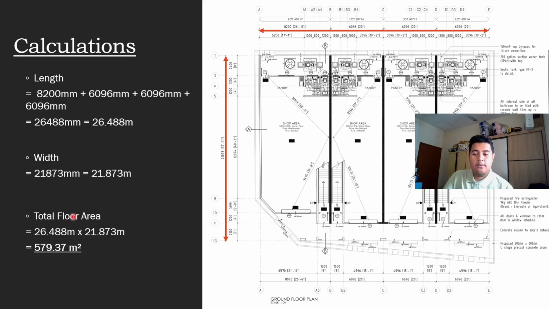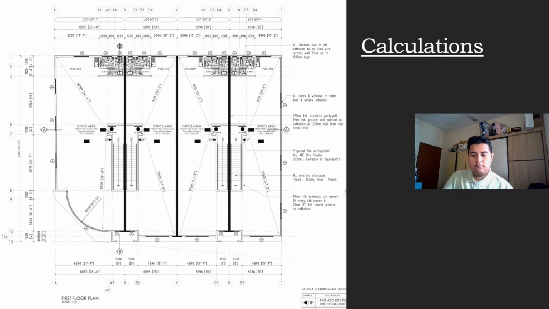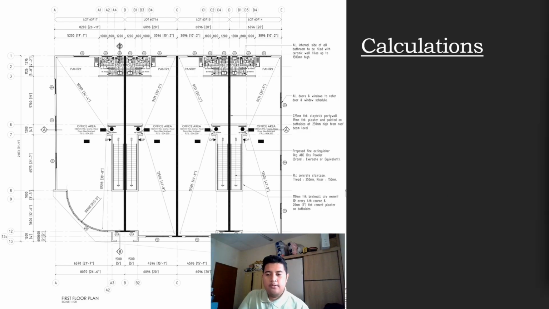Now let us look at the first floor. As you can see here, it is essentially almost the same as the ground floor. So we just do the same type of calculation with the same method.